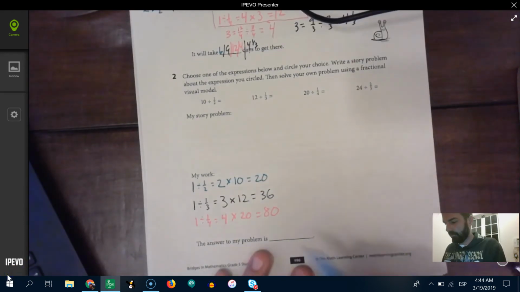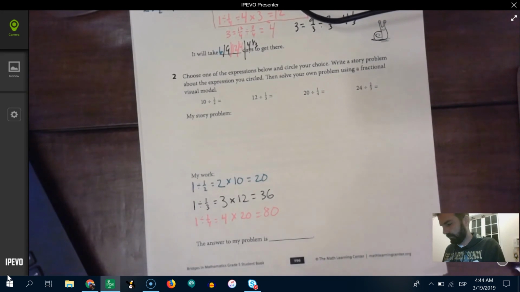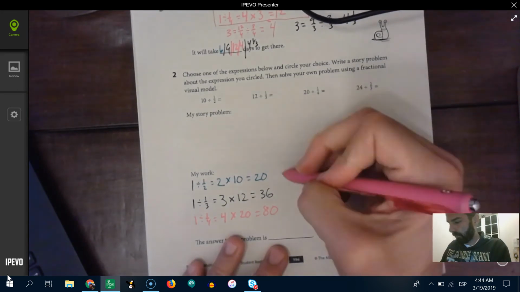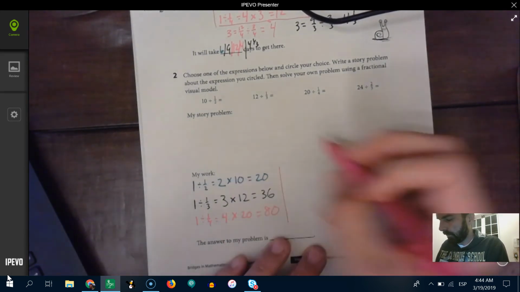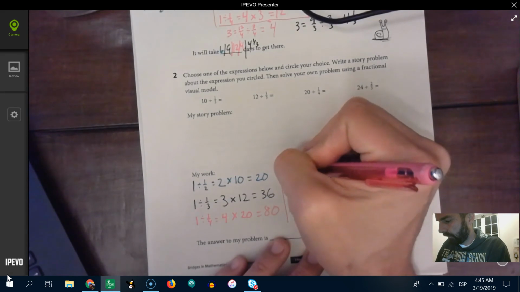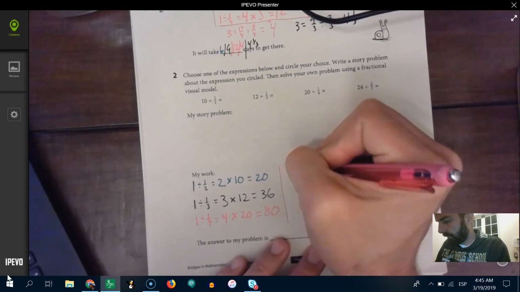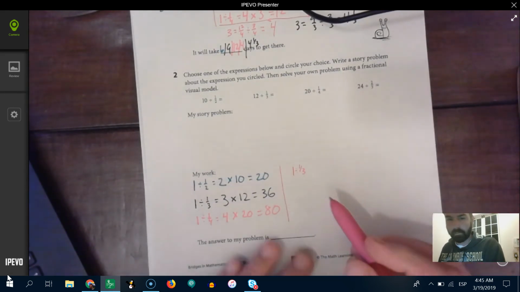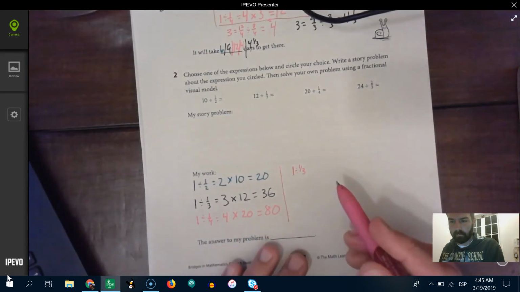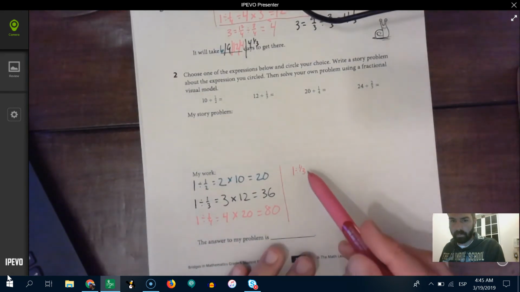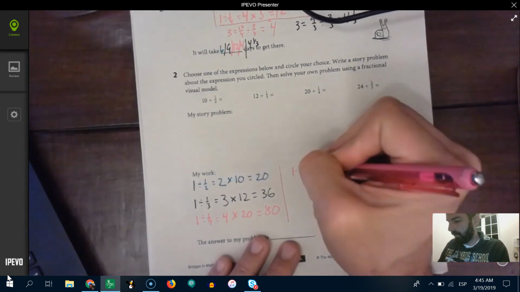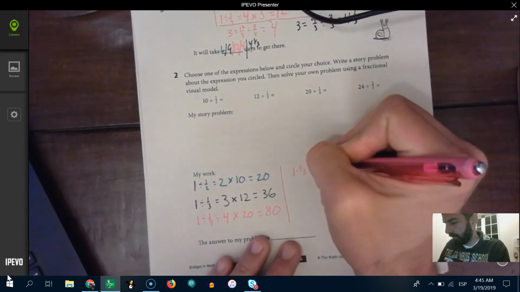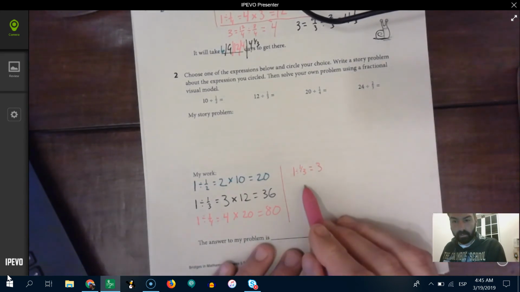Okay, so I'm going to try doing it this way. I'm going to do it over here. How many thirds are in 1? With unit fractions, we should know how many unit fractions are in a whole. Hopefully you've seen that pattern here, and hopefully you know what it is anyway. So I'm first going to look at 1/3.